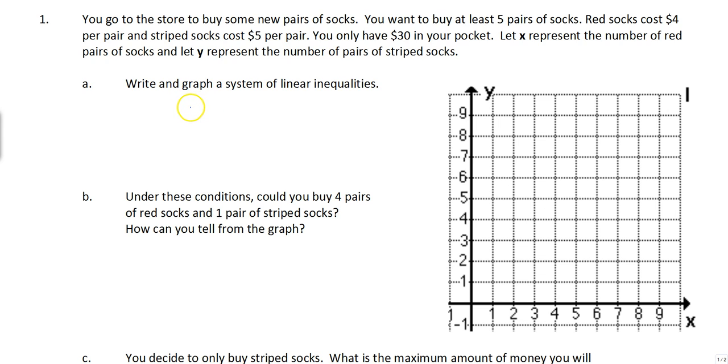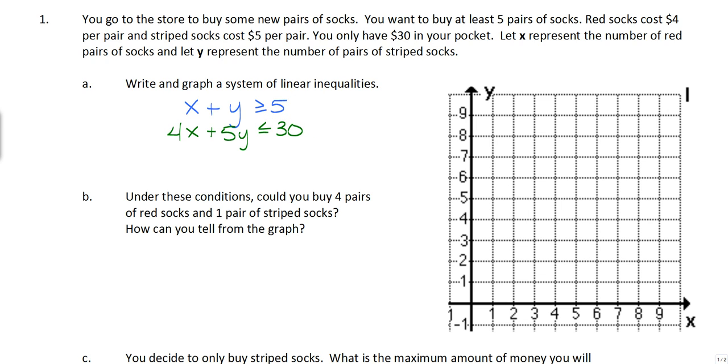So we know that the sum of red socks and striped socks, we want to buy at least 5 pairs, so that needs to be greater than or equal to 5 pairs of socks. Now we got to talk about some money. Red socks are $4 a pair and the fancy striped socks are $5 a pair, but we only have $30, so that has to be less than or equal to $30.